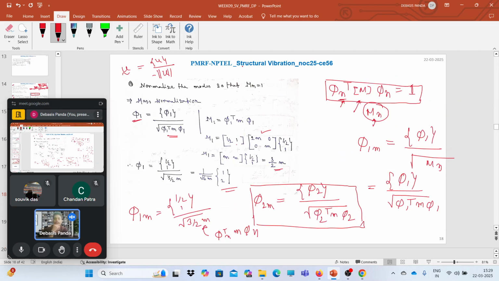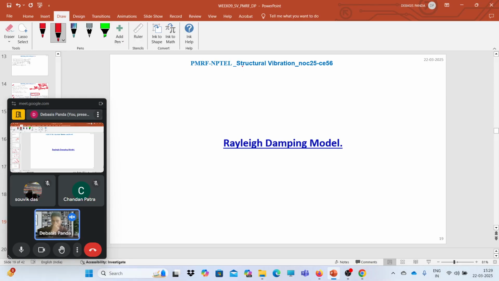Now, as I said, we will spend some time on damping models, because these are very important when we model a multi-degree of freedom system. We have seen that we have the mass and stiffness matrices. We know how to uncouple the coupled equations if damping is not present, and if there are n degrees of freedom, how can we use the damping model? We talked about the Rayleigh damping model.